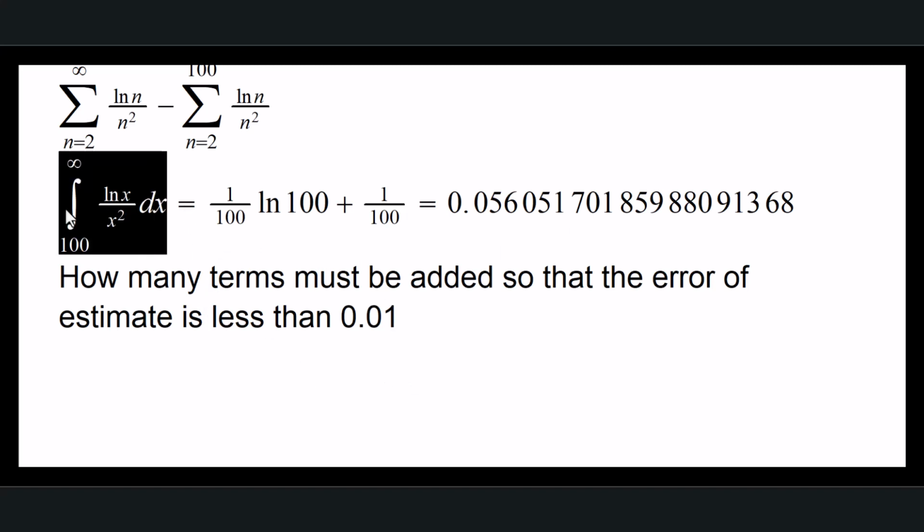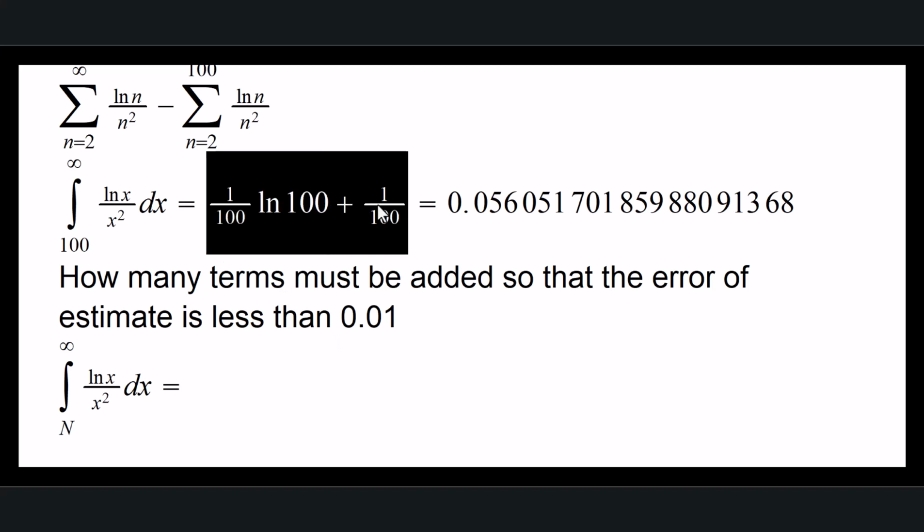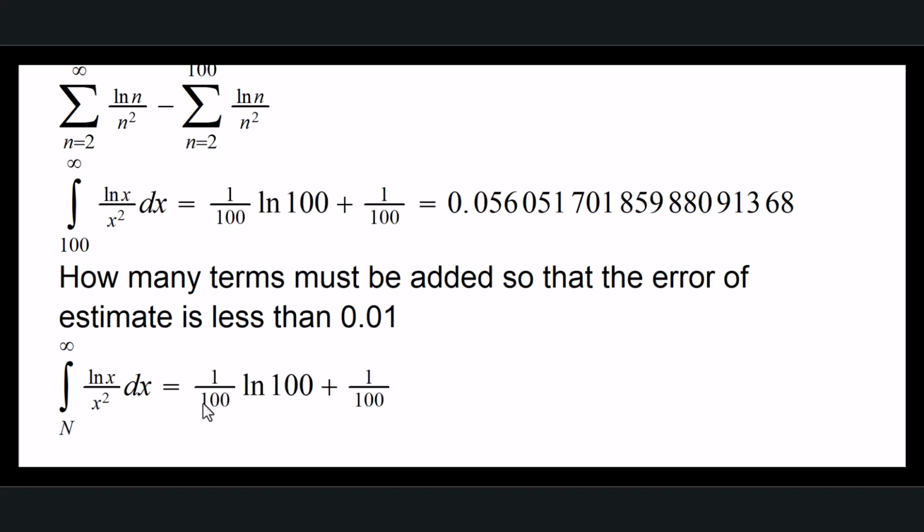So in that case, what you want to do is this: how much n should be taken so that this will be less than 0.01, and this is going to be which value? This is simply n. We are just doing this, it's not a general rule.